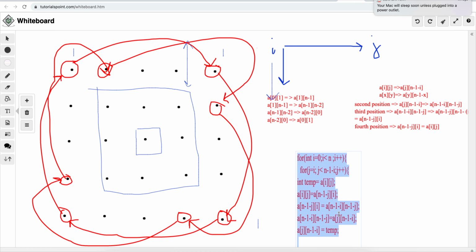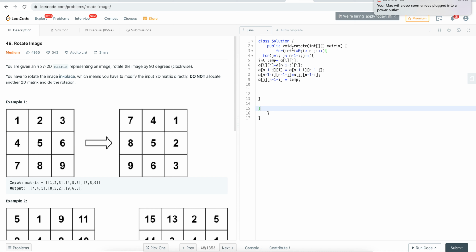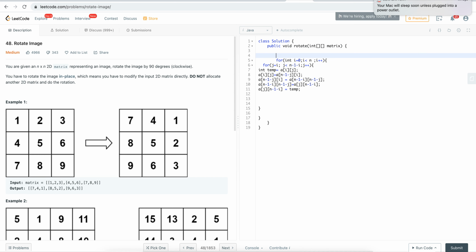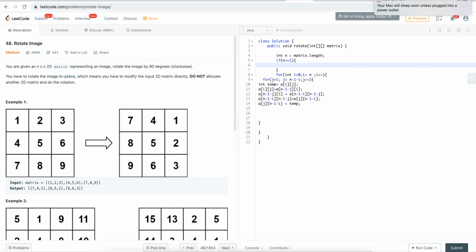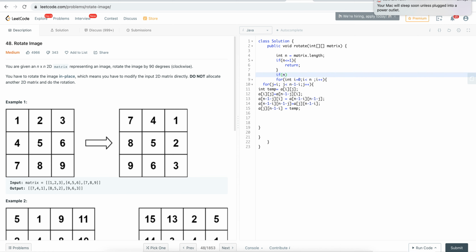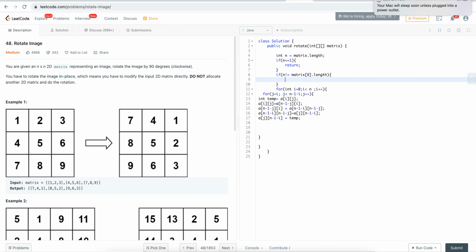Let's copy all of this. Some basic checks: int n is the matrix row length, because we consider it is n. If n is less than or equal to 1, say a square matrix of size 1, we don't need to do anything. If the size is not equal, it's not a square matrix, then again we don't do anything.